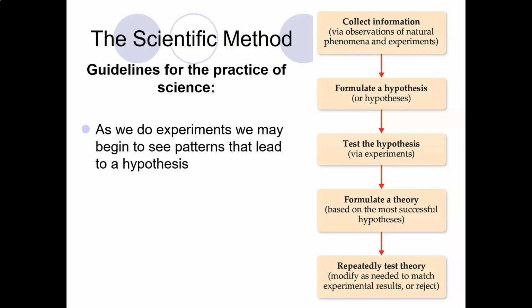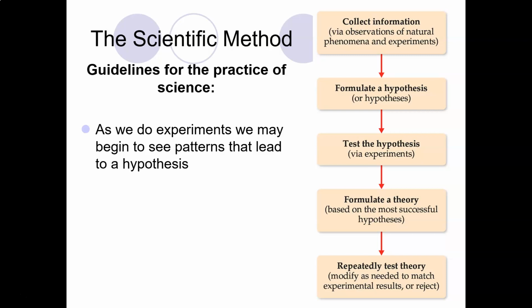Based on that information that we've collected, we come to a hypothesis, which is a statement that we're wanting to prove or disprove about it being true. And then we're going to test that hypothesis. Testing that hypothesis, we're going to set up experiments deliberately designed to tell if our hypothesis is true or false. And we're going to have to do those experiments many times.